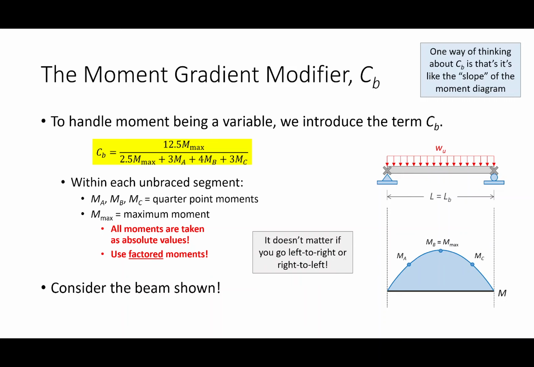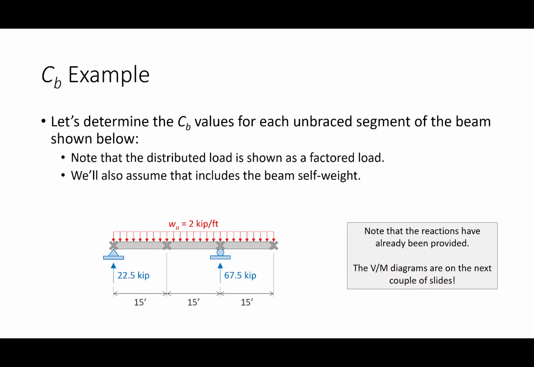Okay? Now, this is sort of like how CB works, but I think the best way of doing this is to go through an example. Okay? So like I said, our goal today is to make sure that we understand CB. I went through and did a bunch of math and showed you some solutions to beam buckling.